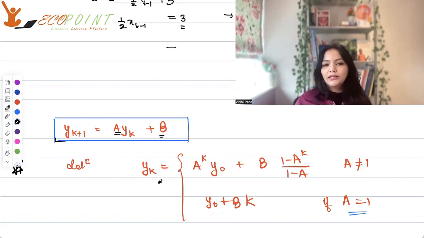So what solution comes out? In this recurrence relationship, if you start from time period 0, a relation will come out which will give you a geometric term somewhere. So yk will turn out to be a to the power k.